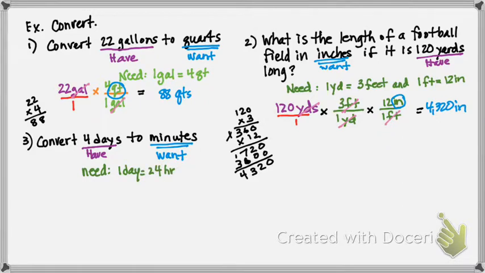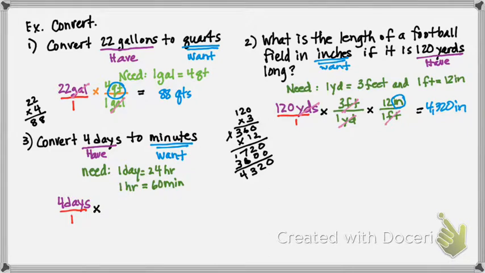And then from hours, I need to go to minutes. So then I have 1 hour is equal to 60 minutes. Okay, so here we go. Can we do this? Yes, we can. So we have 4 days. So notice what's interesting is that with the dimensional analysis, the labels are the ones that are telling the story. So I include them in my work because it's the labels I want to cancel out.